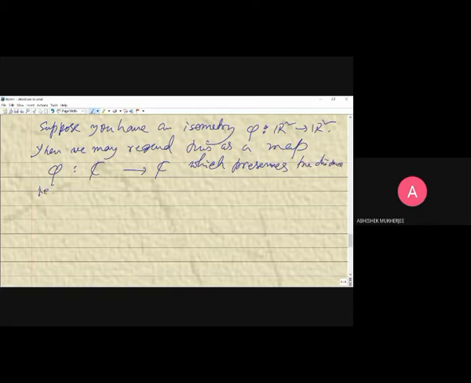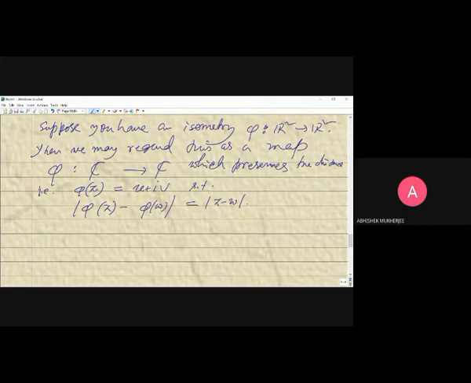That is, phi of z goes to some u plus iv, again a complex number, such that the distance between phi z and phi w is equal to the modulus of z minus w.